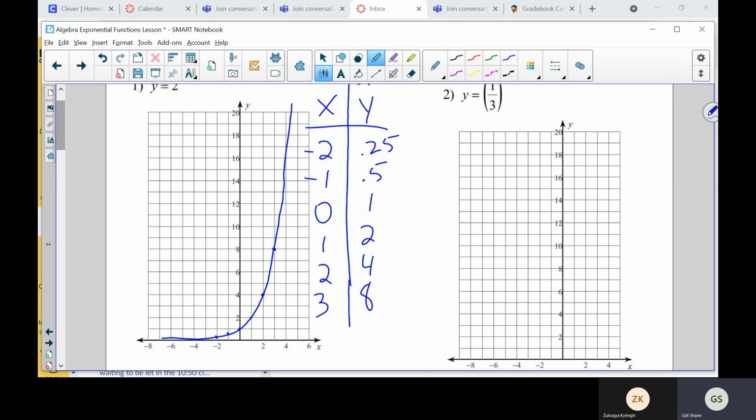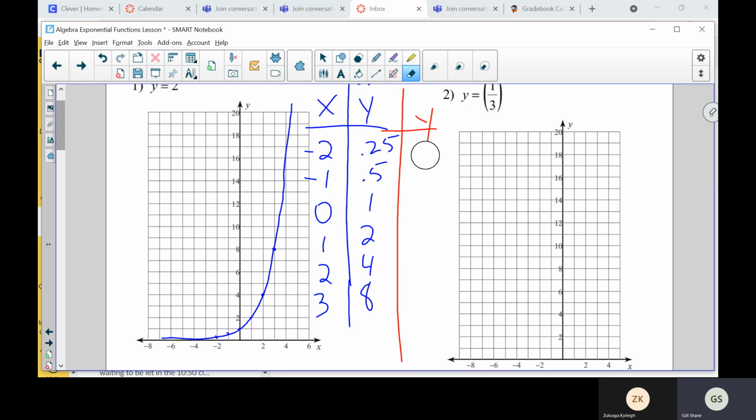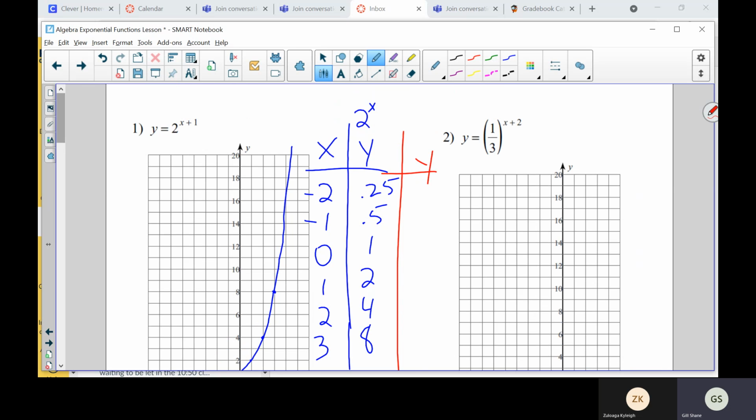Something like that. All right, so now we're going to do the other graph, and you'll see it's definitely different. So here we're doing y, but now we're doing y equals 2 raised to the, so instead of 2^x, it's 2 and then x plus 1 there.